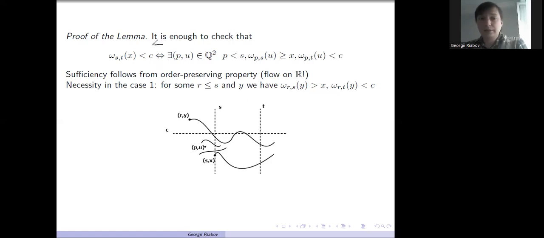And it is easy to see that the condition is sufficient for our initial event, because omega st of x, by the flow property, will be less or equal than omega st of omega ps of u.